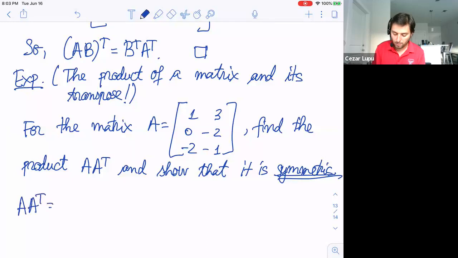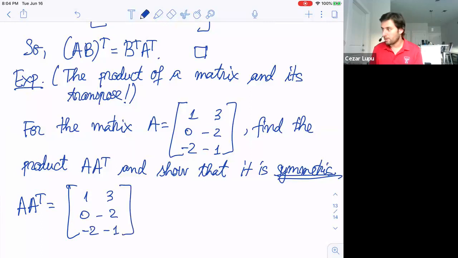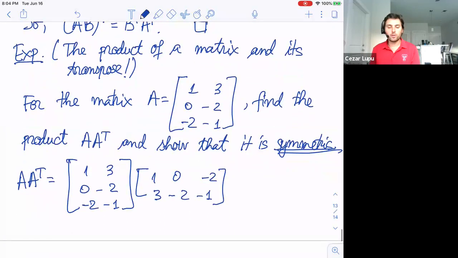A will be 1, 3, 0, -2, -2, -1, times the transpose, which will be the same matrix but written as 1, 0, -2 and 3, -2, -1. Okay, so this is A and this is A transpose.